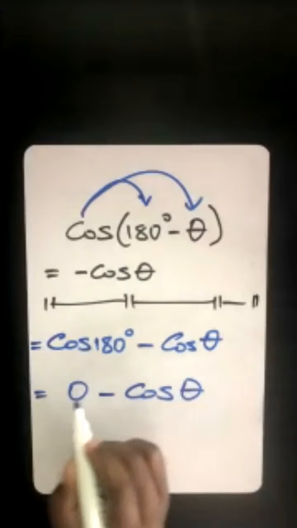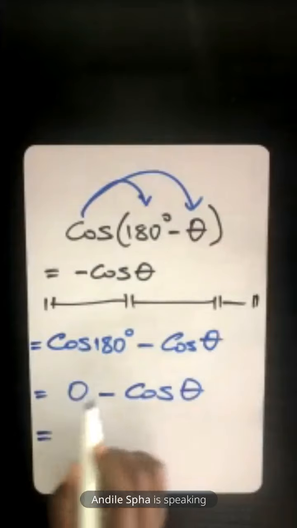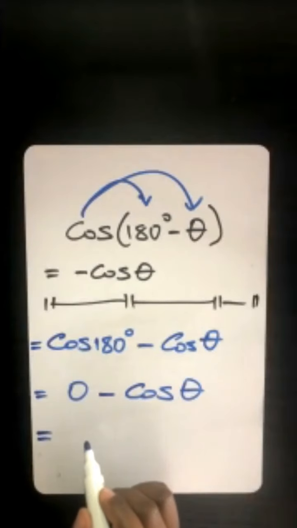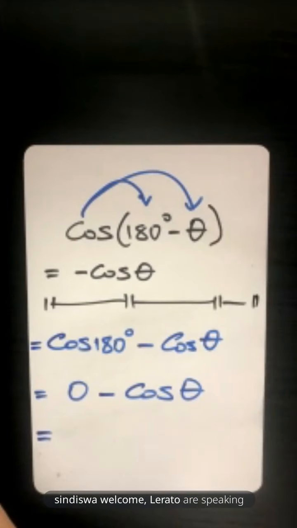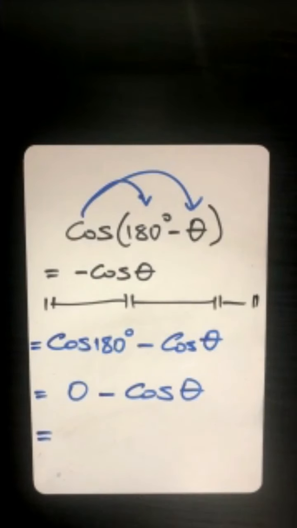So because it's 0, 0 is just nothing, no need to write. Which one is it? Is it negative 1? Negative 1. Check something there. Let me check with a sine quickly. Sine, let's say, sine 180 is 0.